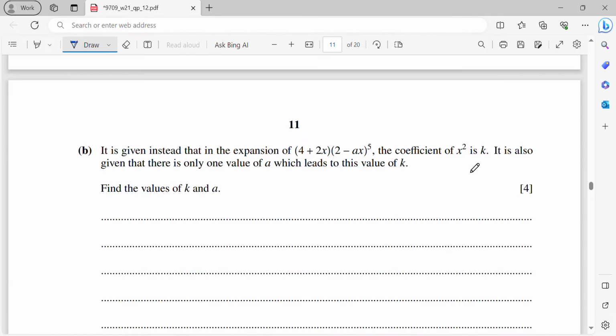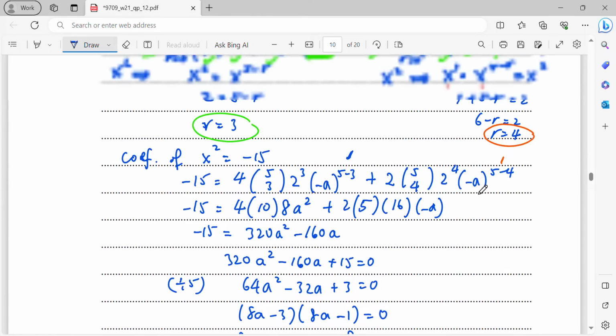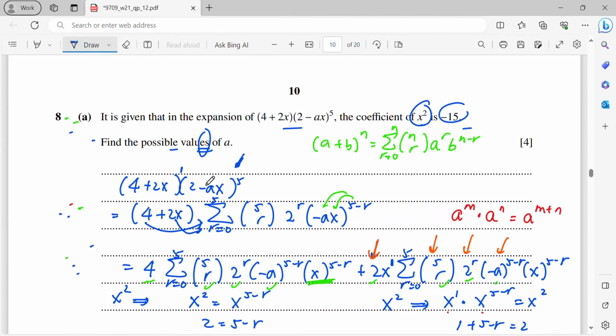Okay, now for B, it is given instead that in the expansion of this, the coefficient of x squared is k. It's also given that there's only one value of a which leads to this value of k. Find k and a. Okay, now it is the same expansion. Go back to here, same expansion.